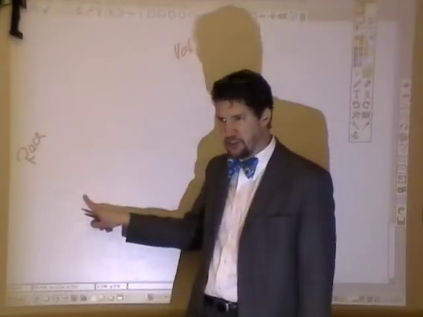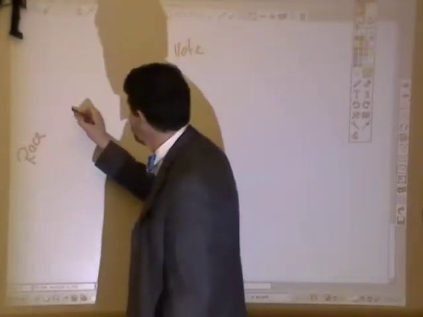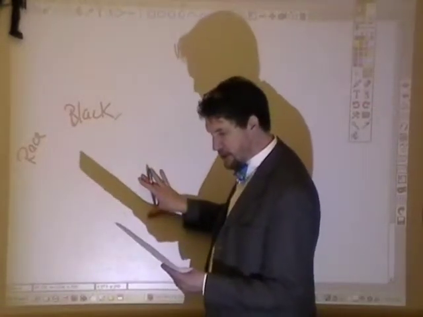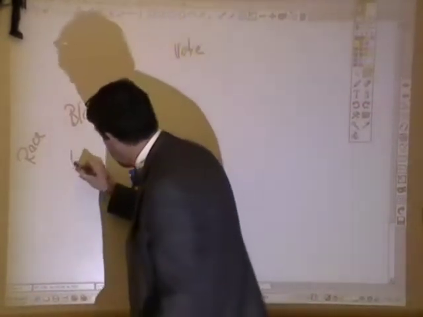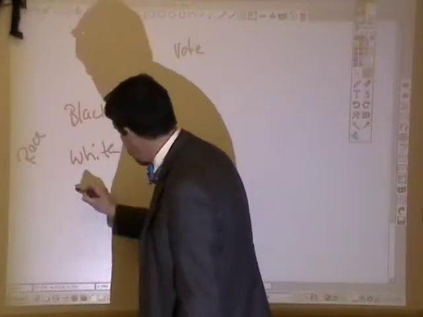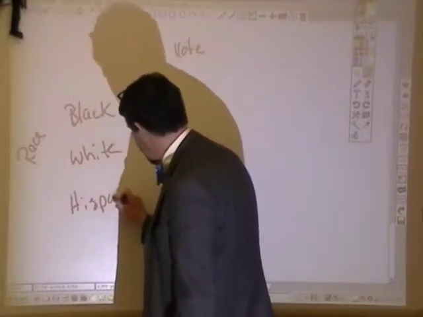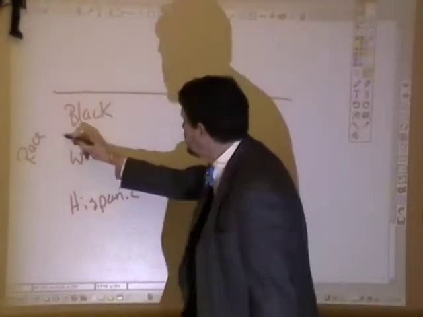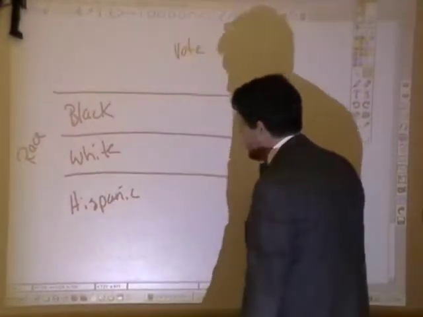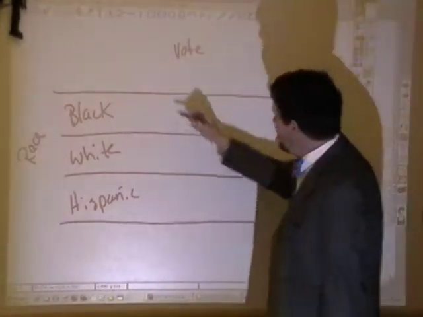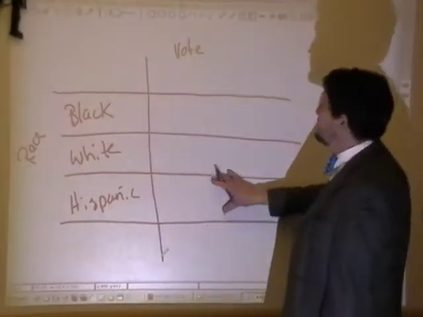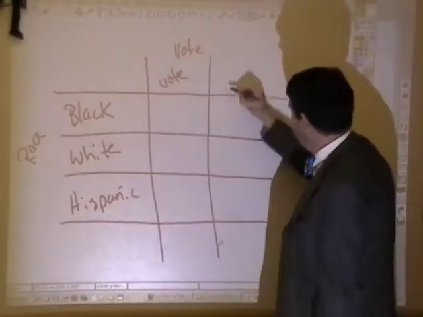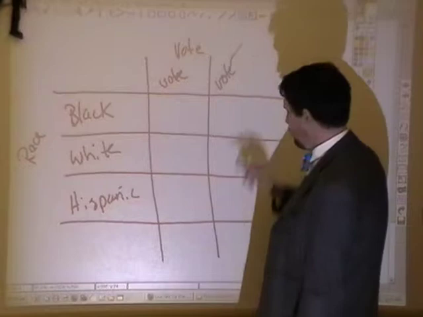We have 3 choices: the population is black, the population is white, and the population is Hispanic. So instead of a 2 by 2 table, I've got 3 on this side, and then the candidate has to decide, either the people are going to vote for him or they're not.